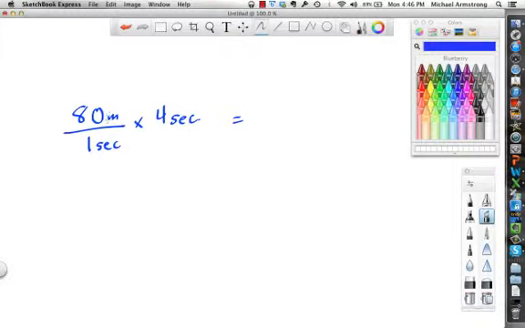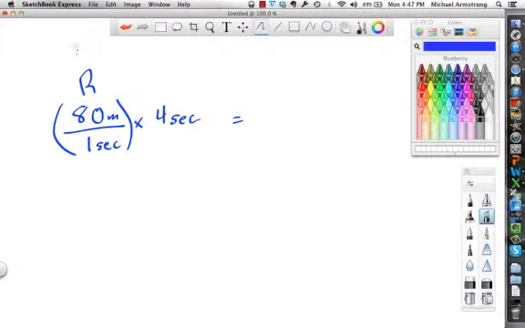This whole section is the rate times the time. This is the rate.